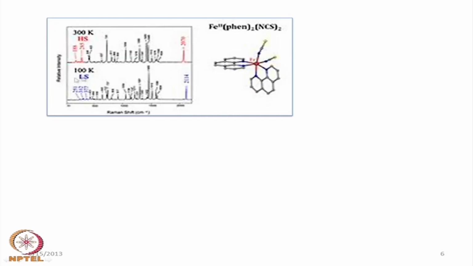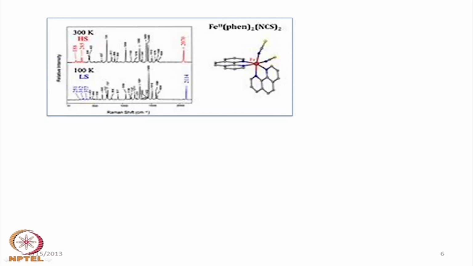We take the Raman spectrum at 100 K and at 300 K. At 100 K, the signature we get, particularly the value at 2114 due to the CN stretching frequency of the thiocyanate, is characteristic for the low spin compound. That value signifies that at 100 Kelvin we have the compound exclusively in the low spin state.